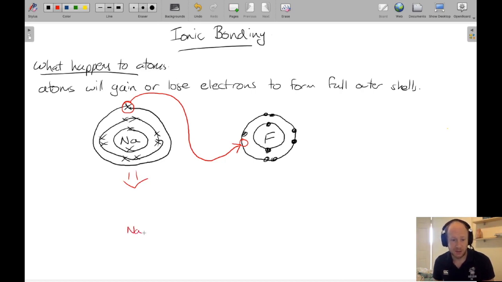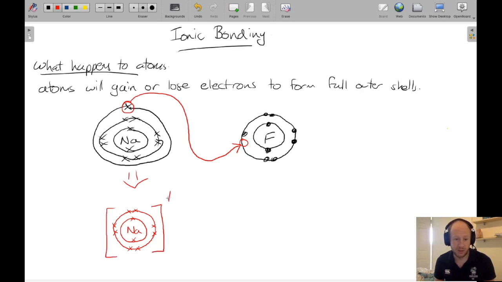So we end up with a sodium atom, but this time it has lost one of its electrons. So on the outside, we have, like this, a full outer shell. Now it's also lost this electron, so it becomes positively charged. The whole thing is positively charged.